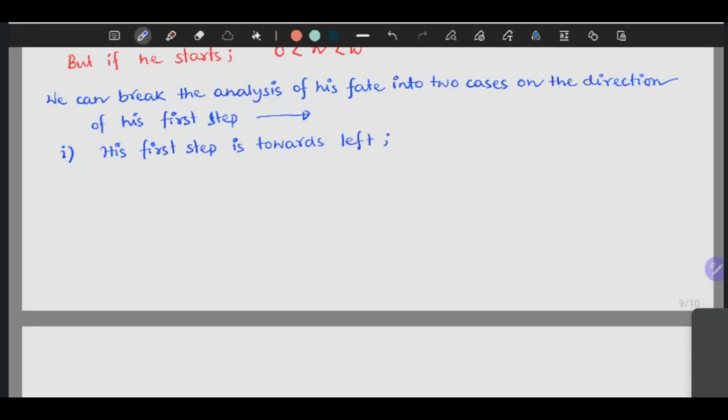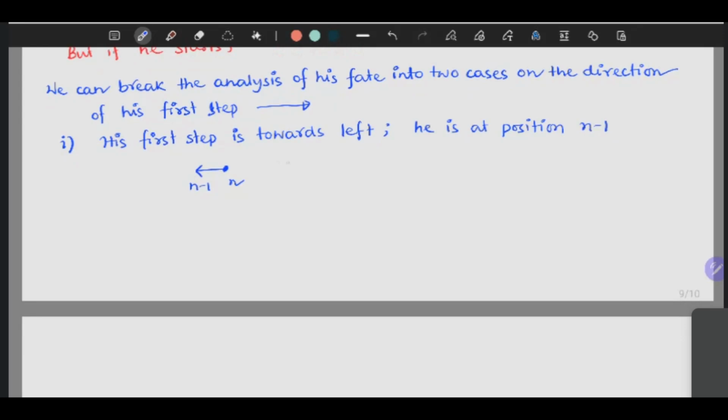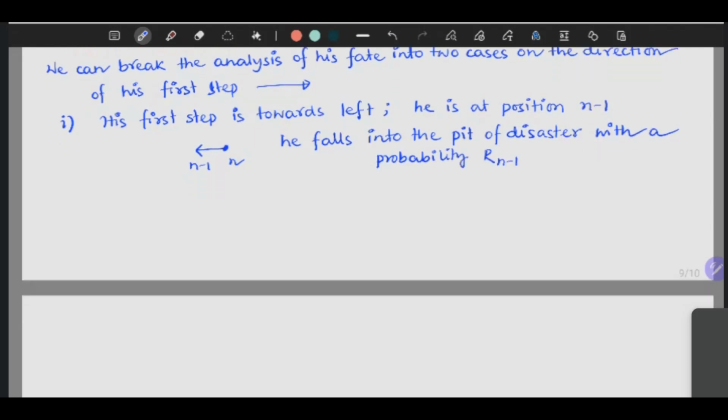That means he is at position n minus 1. So this is n minus 1, and this is n, right? And eventually he falls into the pit of disaster with probability R_(n-1).